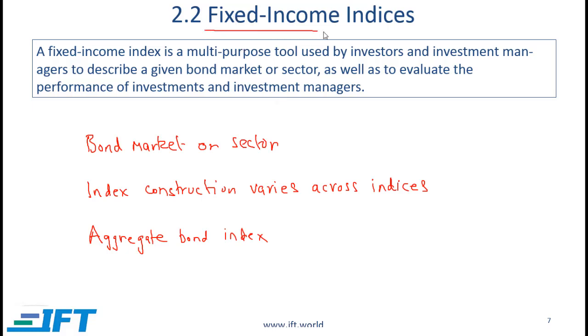Fixed income indices. This topic is covered in detail in another part of the curriculum where there is a full reading on security market indices, but here we will just cover a few basic points. A fixed income index is a multi-purpose tool used by investors and investment managers to describe a given bond market or sector, as well as to evaluate the performance of investments and investment managers.